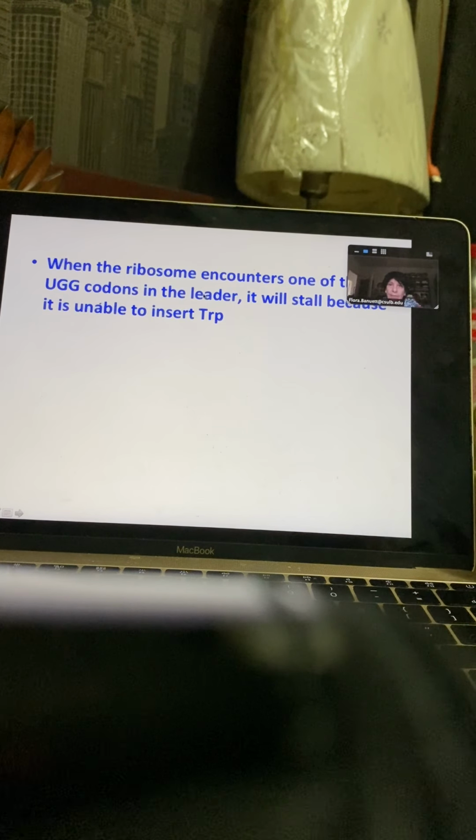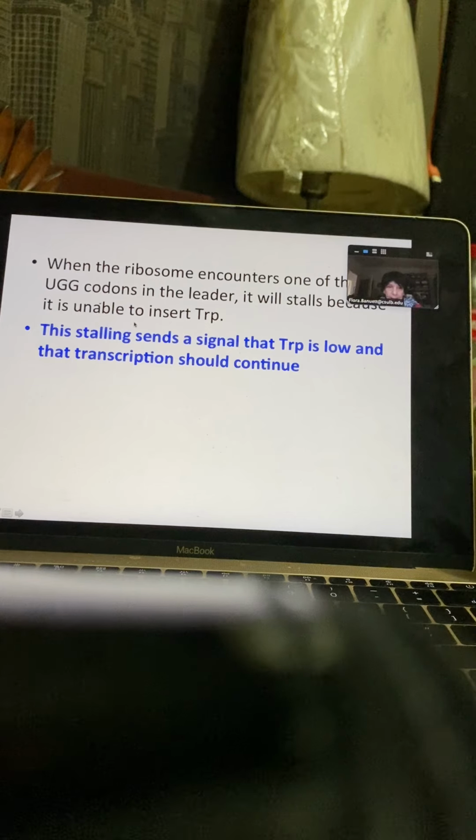So again, when the ribosome encounters one of the UGG codons, it will stall, it stops because it's unable to insert Trp. And this stalling sends a signal that the Trp concentration is low and that transcription should continue. And how is that signal sent? Via formation of the hairpin 2 and 3.